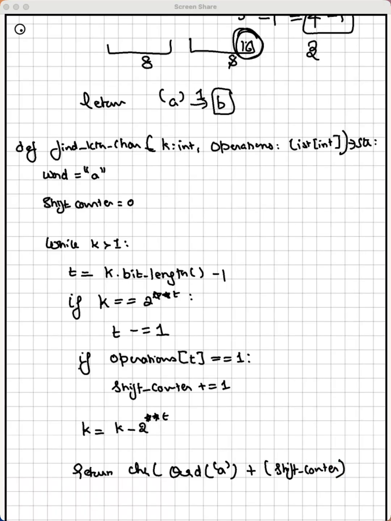The shift counter for a very large operation can be greater than 26, so take the modulus and then add it to the Unicode value of A, and from the derived Unicode value, give me the character output.